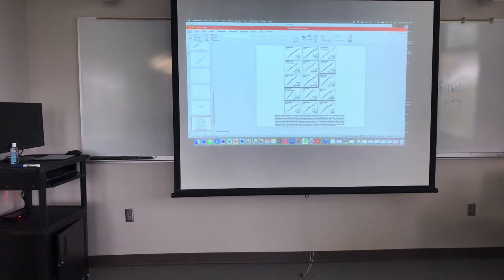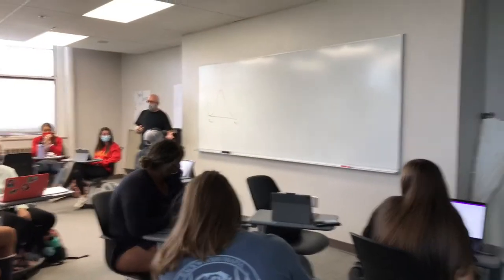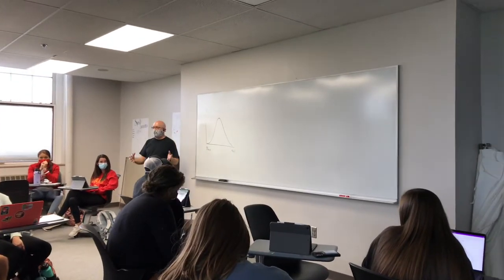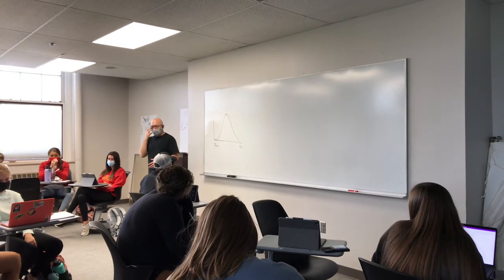We lined you guys up the other day in class from tall people to short people. And if we had a big enough population, we would see that that's a normal population. There are a few really tall individuals, there are a few really short individuals, but most individuals are kind of clustered around the average of the population.